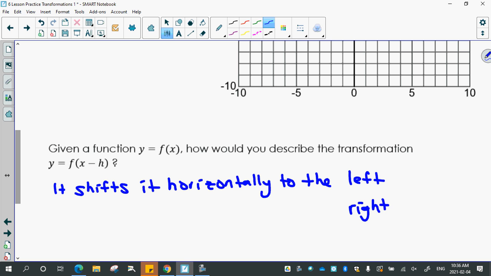And then just for reference, if it looks like x plus h, it would be to the left, and if it looks like x minus h, it's to the right. Okay? It's kind of opposite of what you would intuitively think. If you see plus, then it's to the left. If you see minus, it's to the right.